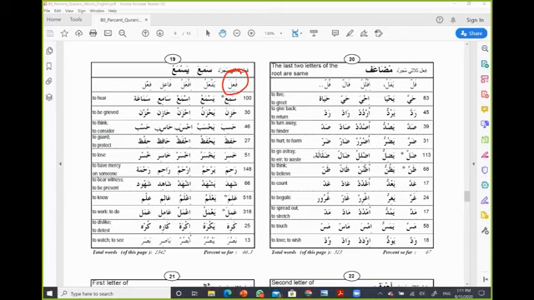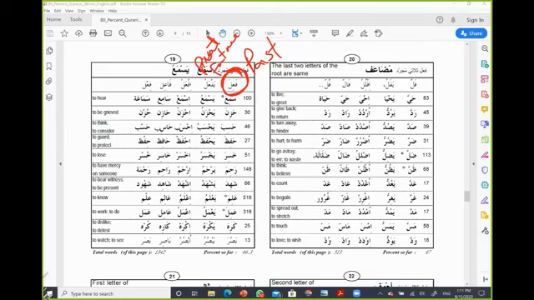Let's use a word that's easier to remember. Sami'a, which means heard. Now, for the pattern fa'ila, there's going to be the present tense. So that's the past tense. Now let's go for the present and the future tense. What you're going to do is add to this original verb a ya onto it.